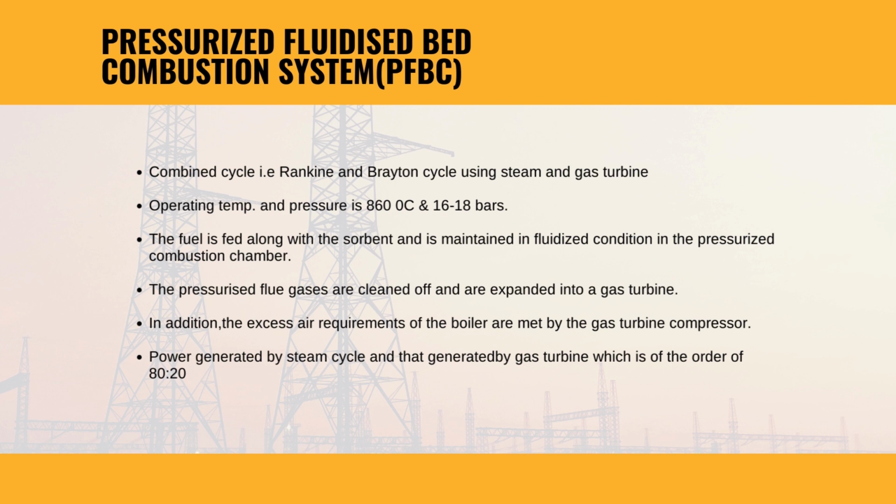The pressurized flue gases are cleaned off and are expanded into a gas turbine. In addition, the excess air requirements of the boiler are met by the gas turbine compressor. Power generated by the steam cycle and that generated by the gas turbine is of the order of 80:20.